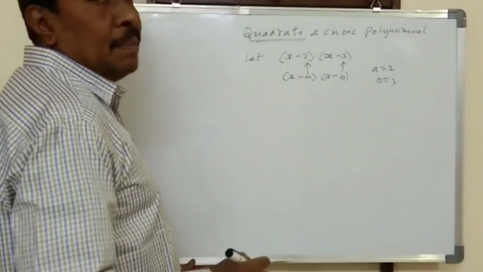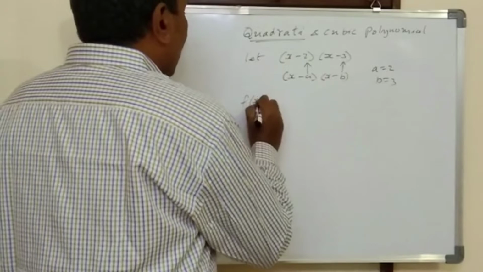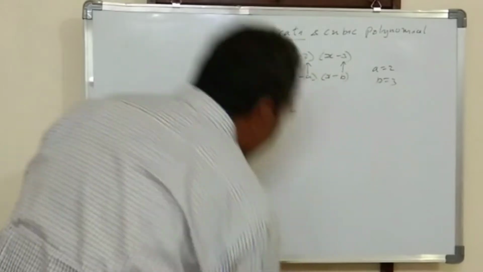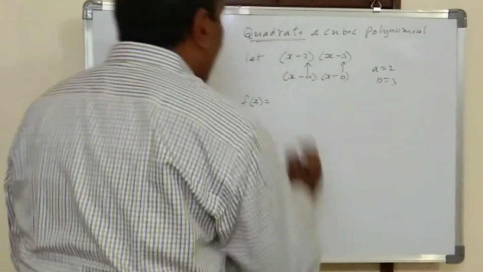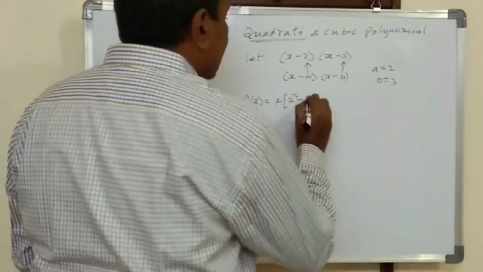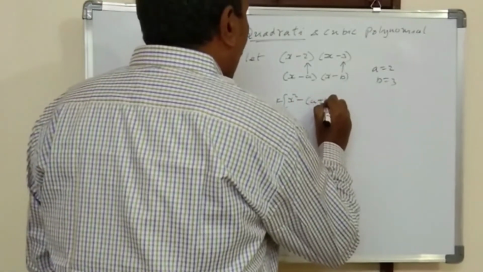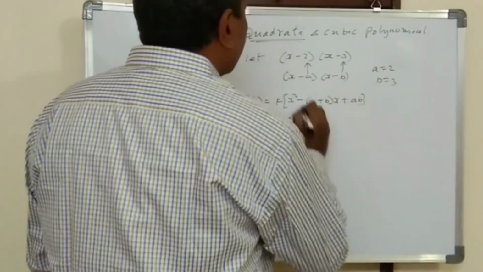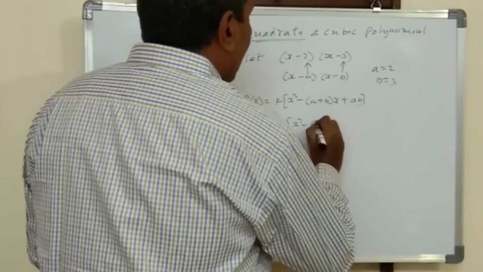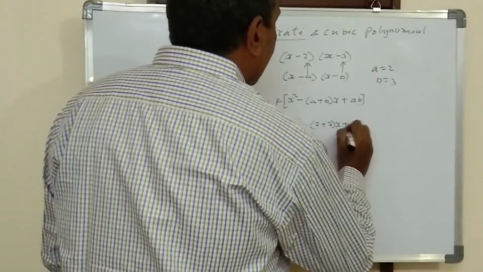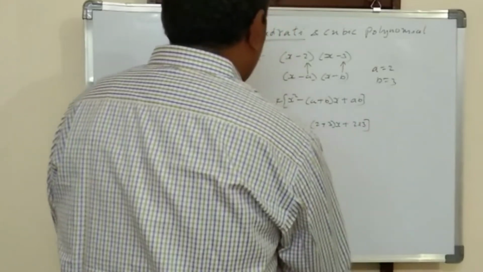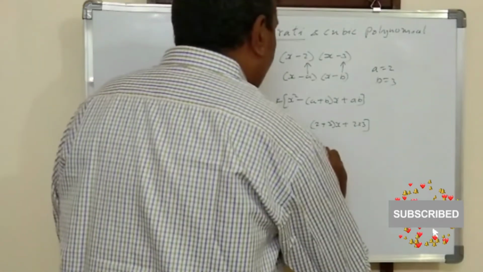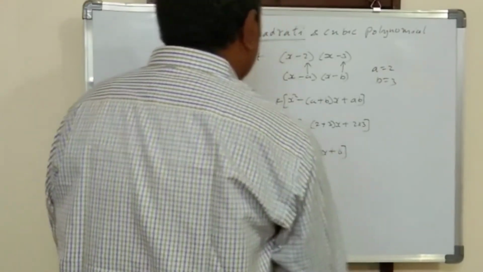Then how do we form the quadratic polynomial? Let the quadratic polynomial be f(x). f(x) is equal to k into (x square minus (a plus b) of x plus ab), which is k into (x square minus (2 plus 3) of x plus 2 into 3), which equals k into (x square minus 5x plus 6).